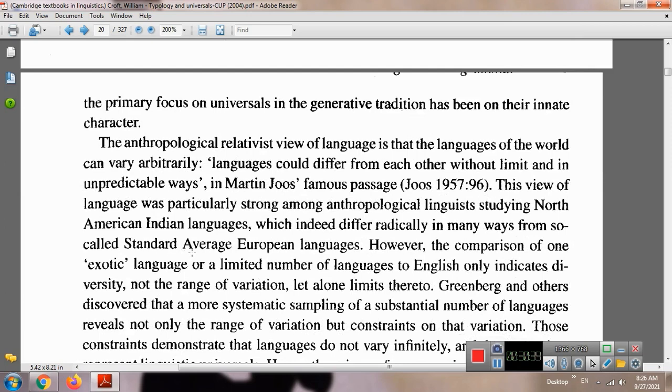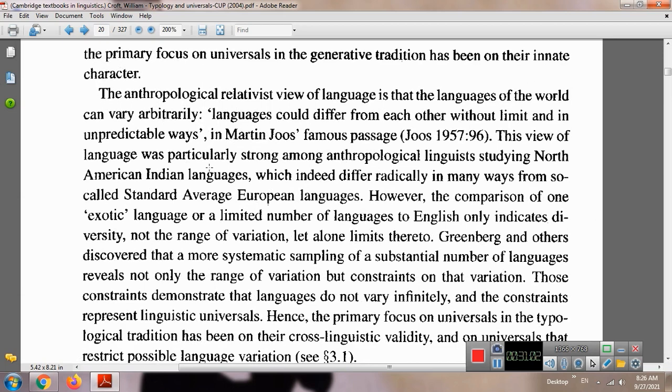The anthropological relativist view of language is that the languages of the world can vary arbitrarily. Languages could differ from each other without limit and in unpredictable ways.